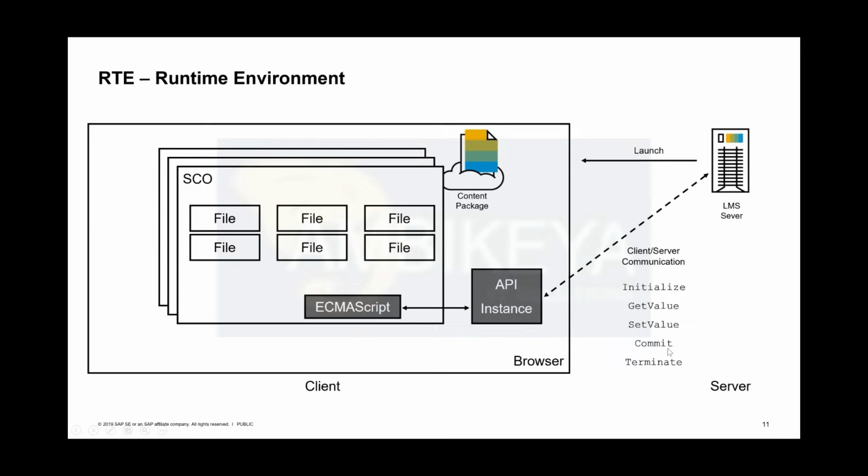Others are indifferent and they don't care whether you commit once or 50 times. That's something we have to take a closer look at later. And then if it's done, terminate. So the time between initialize and terminate will be the learning time for that particular SCO. And after terminate, the last stack of data is sent back to the LMS.